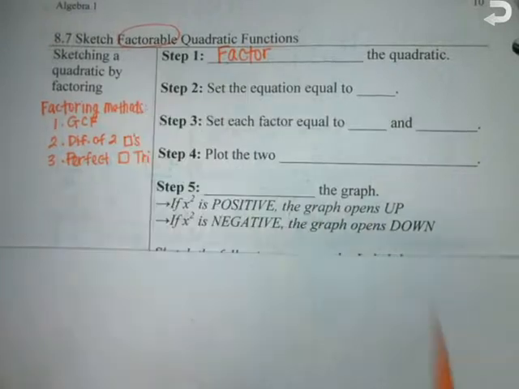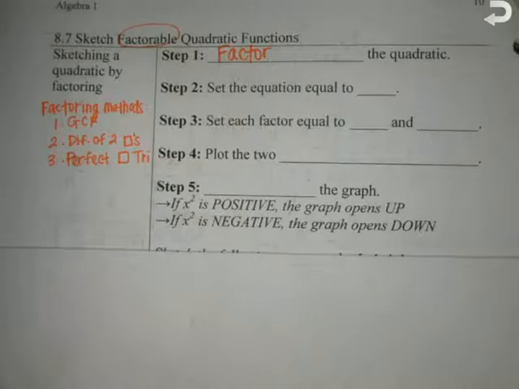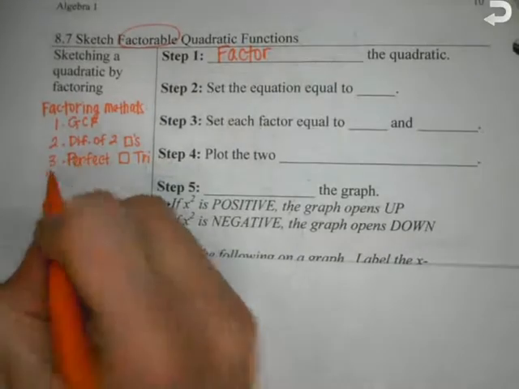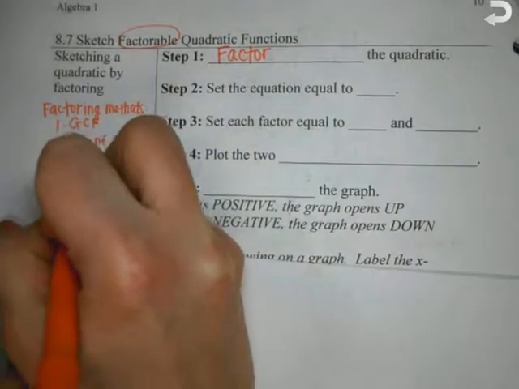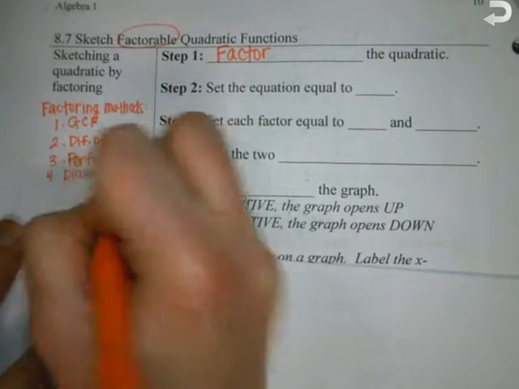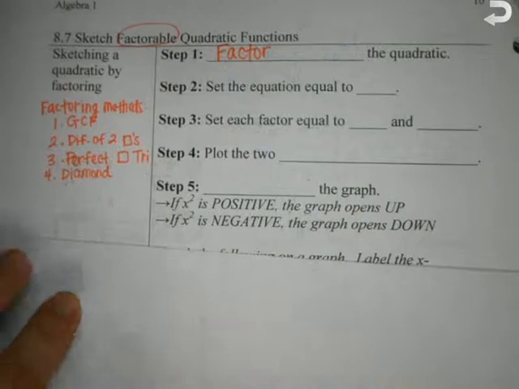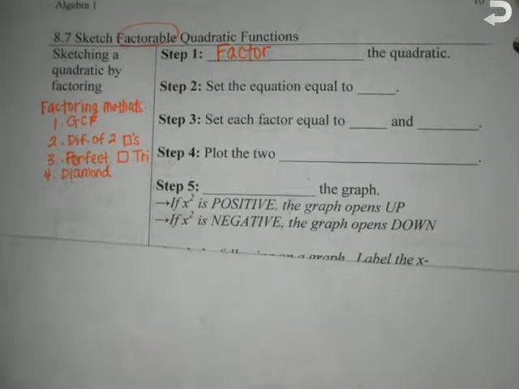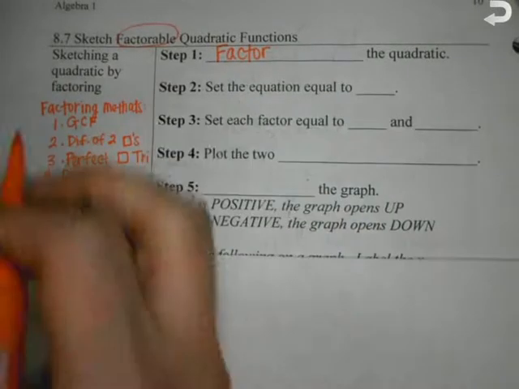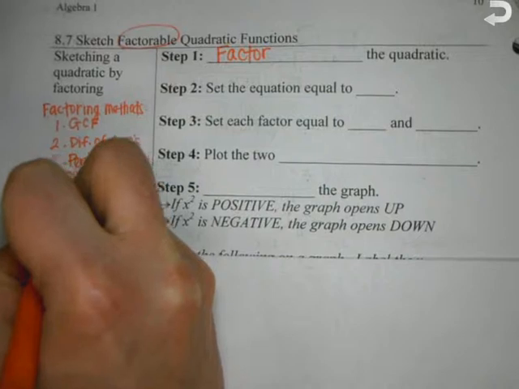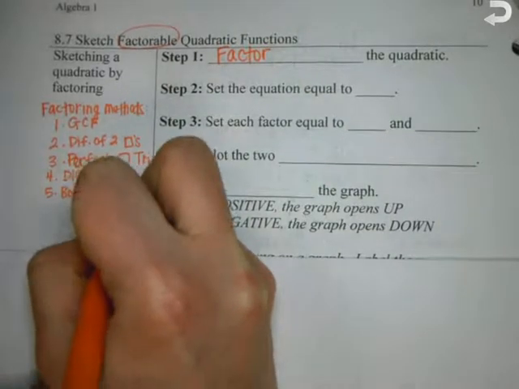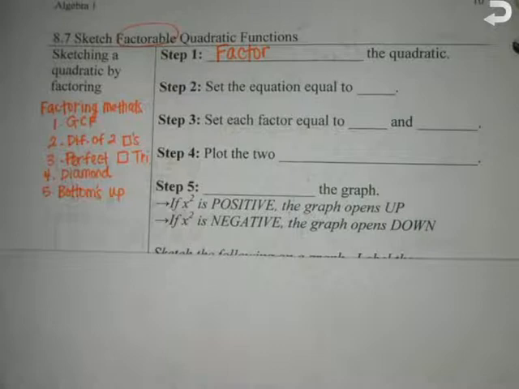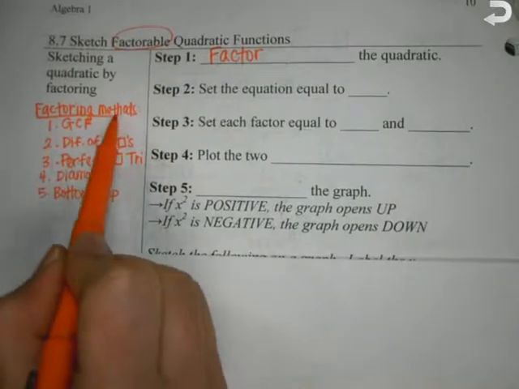We're just abbreviating. 4 was Carlos's favorite one, the diamond method. And then if all of those didn't work, we used bottoms up. Okay, so we just are listing our factoring methods just so you remember, because this is going back to quite a while ago.